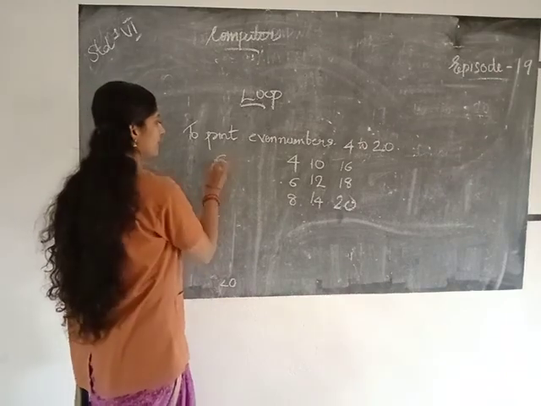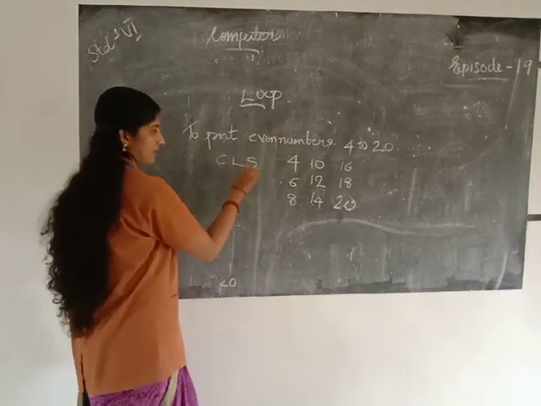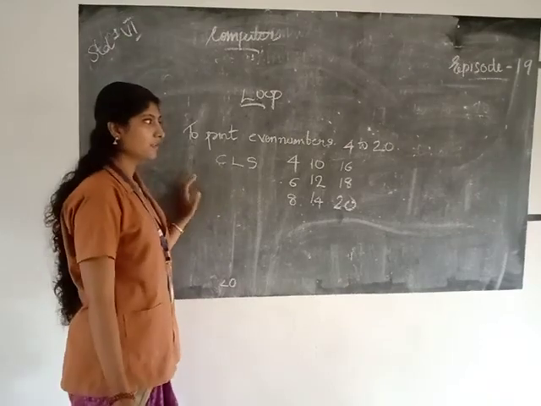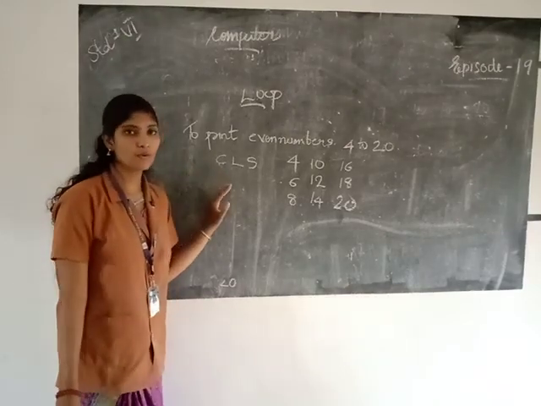So first clear screen, CLS. Then here we use the for loop.